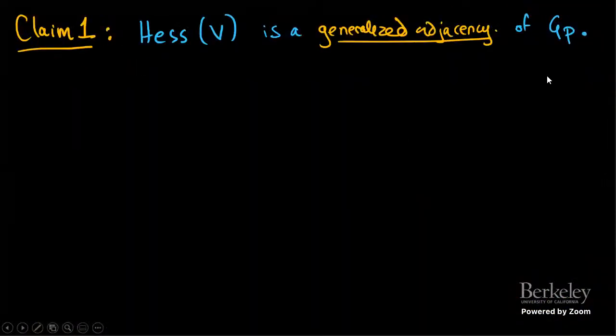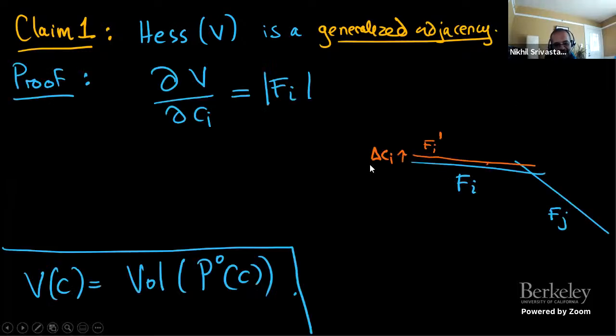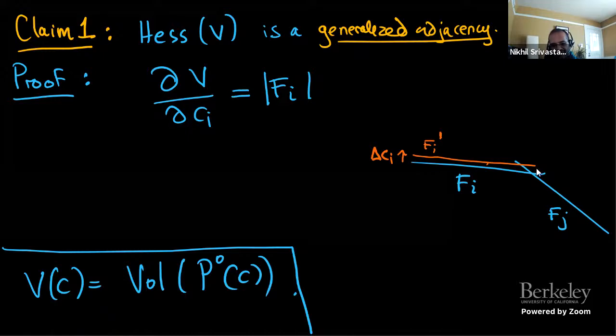So claim one, this is a generalized adjacency matrix. Let's just compute the derivatives, right? Let's draw two facets, Fi and Fj of P polar, and let's perturb the ith slack entry, Ci. When that happens, that facet is going to move a little bit. And it's easy to see the change in volume is going to be the d minus 1 dimensional volume of that facet.